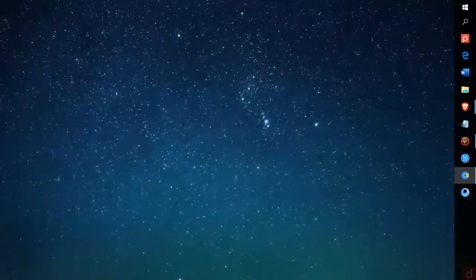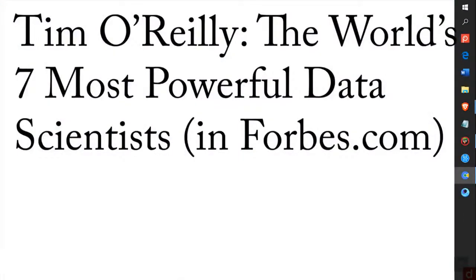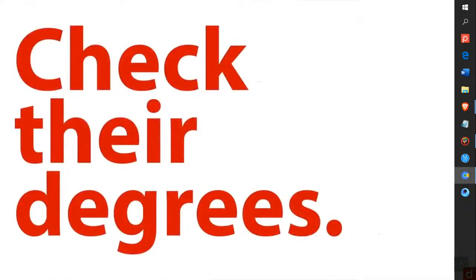Say, for instance, we take a look at the data science stars, the superstars in the field. We go to a rather intimidating article called The World's 7 Most Powerful Data Scientists from Forbes.com. You can see the article if you go to this URL. There's actually more than 7 people on the list because sometimes he brings them up in pairs, but let's check their degrees, see what their academic training is in.